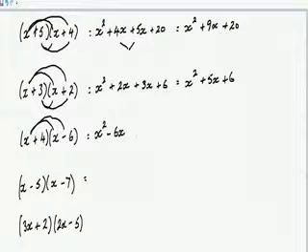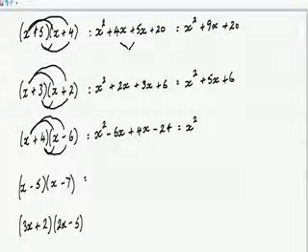Now we have 4 times x, which is just plus 4x. And then we have plus 4 times minus 6. A plus and a minus is minus, and 4 times 6 is 24. So again we can just simplify this, so we have x squared.